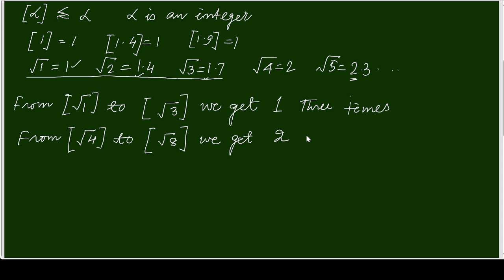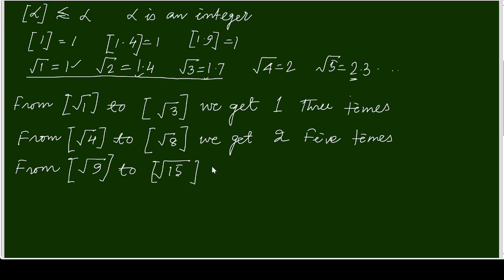How many times? 5 times. Next, from floor of square root 9 to floor of square root 15, we get 3 each time. How many times? It will be 7 times.